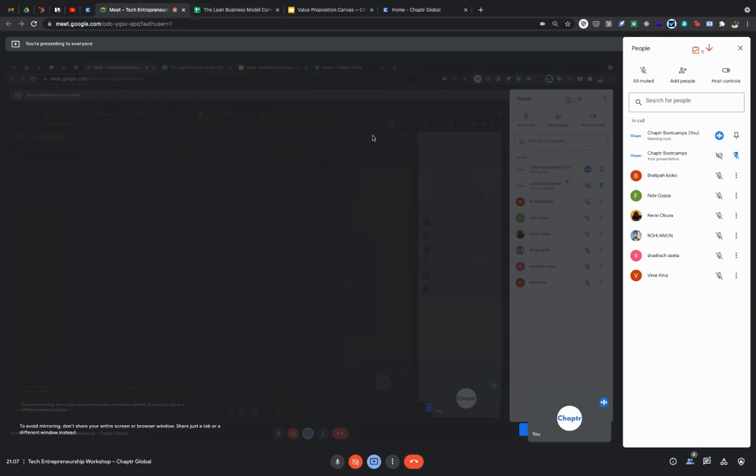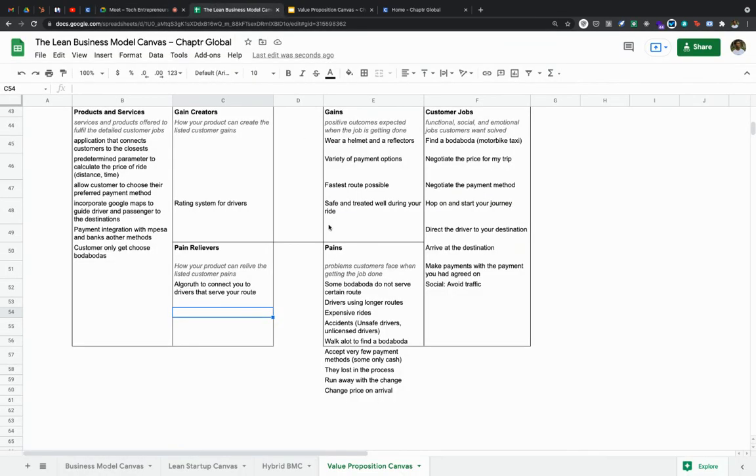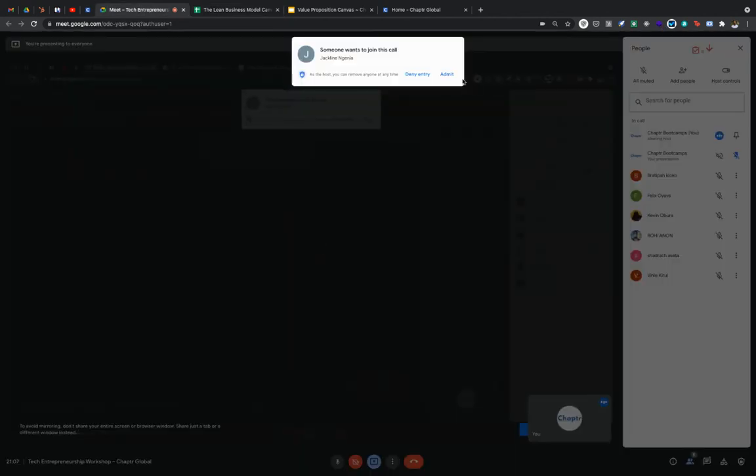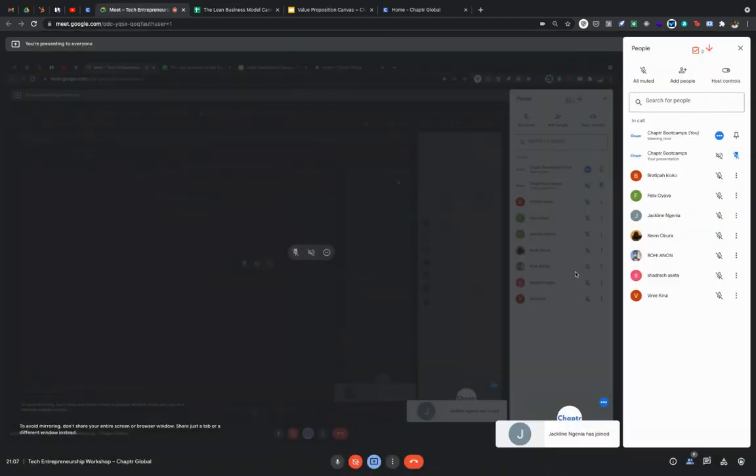Anyone else with a quick idea so that we can close the call? How do we handle drivers who deliberately use longer routes? Someone? Kevin, you want to give it a shot?